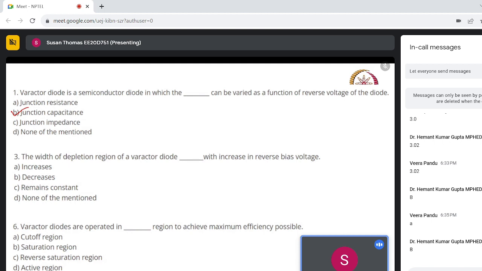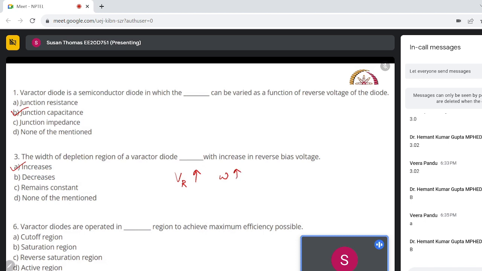If you increase the reverse bias voltage, the width of the depletion region will increase. If you have larger reverse bias voltage, you have a larger depletion region width.